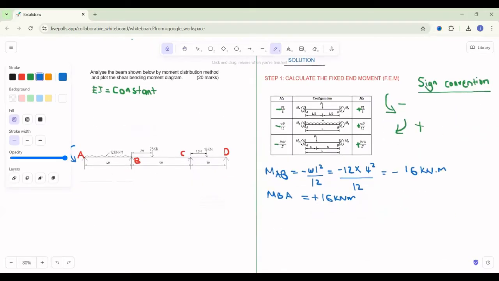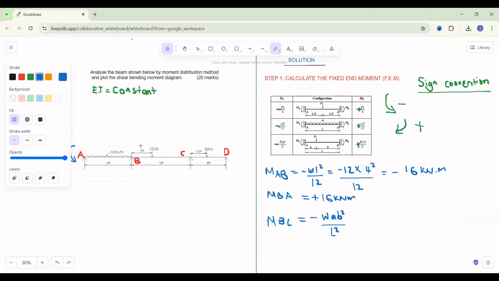Now for span BC, it has a point load which is not in the middle, so we are going to use this formula right here. Fixed end moment BC will be equal to negative W a b squared over L squared.